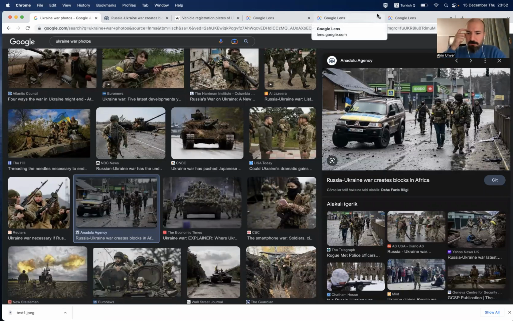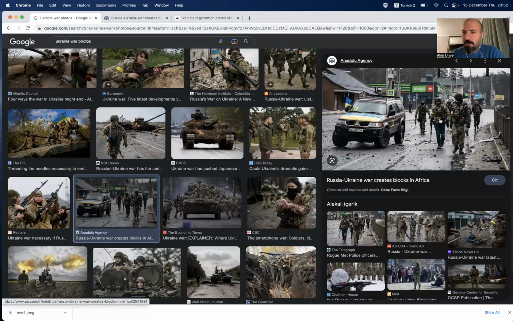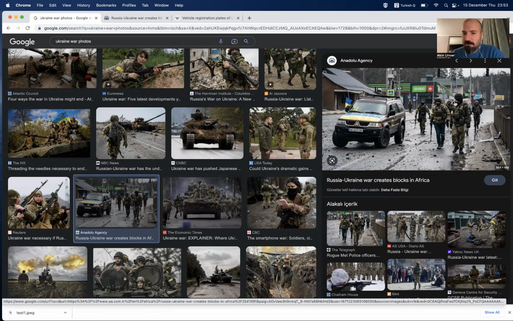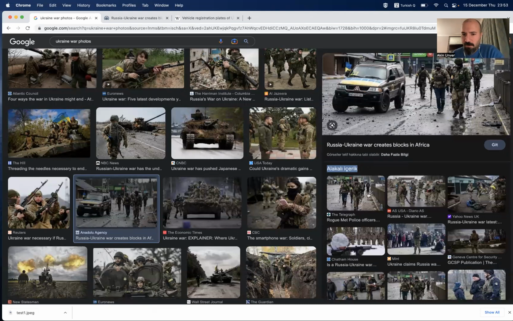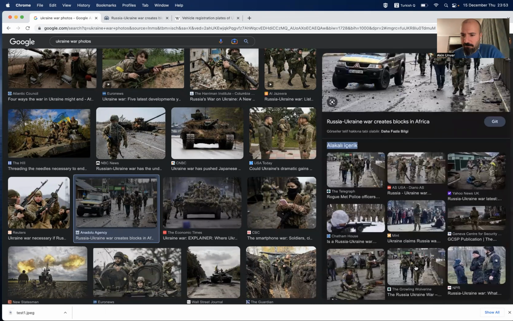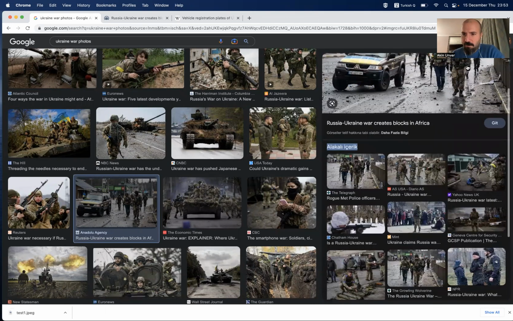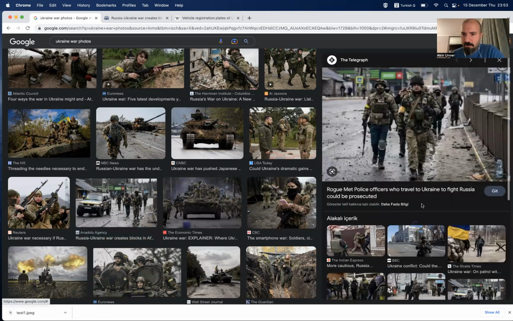So I'm returning to my original search, my first tab, and I'm closing all these. Since I clicked on this image, sometimes related images are underneath. Now if you see this, you can see that this and this are actually exact matches of the same thing.